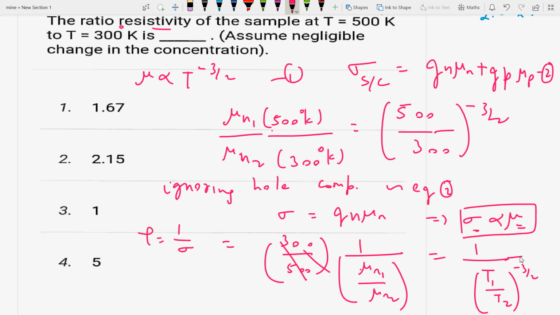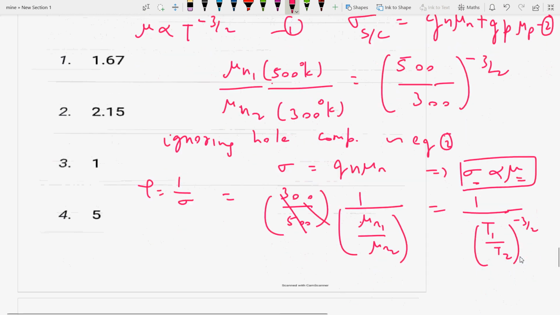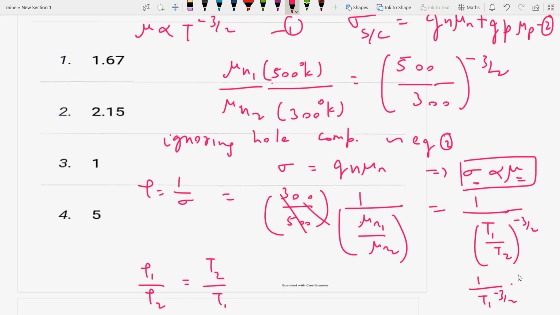So afterwards you can write rho 1 by rho 2 is equal to t2 by t1, as this is t1 to the power minus 3 by 2 and t2 to the power 3 by 2. So you can write it as t2 by t1 to the power 3 by 2, which is 3 by 5 to the power 3 by 2. I think it must be this way, right? Just calculate it and tell me the answer.